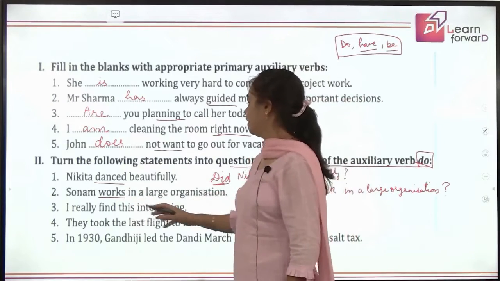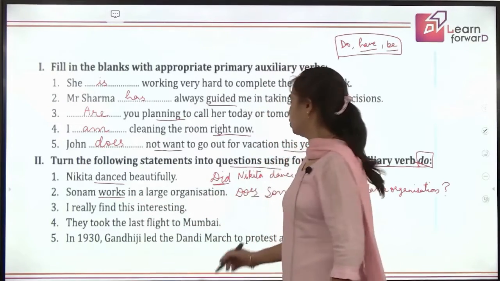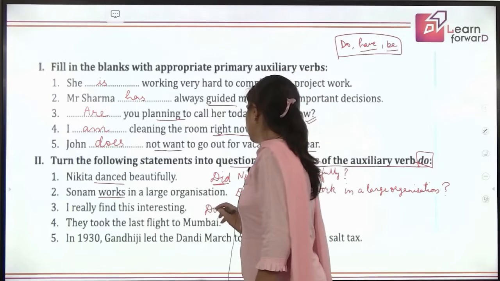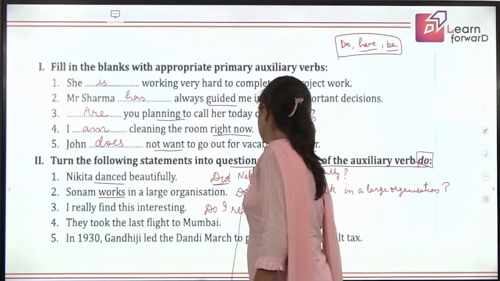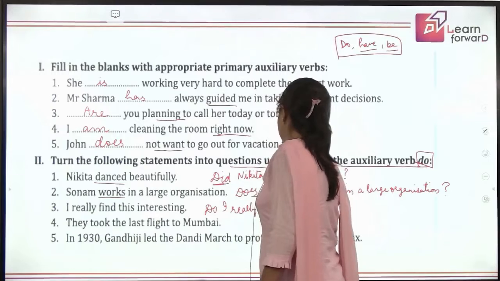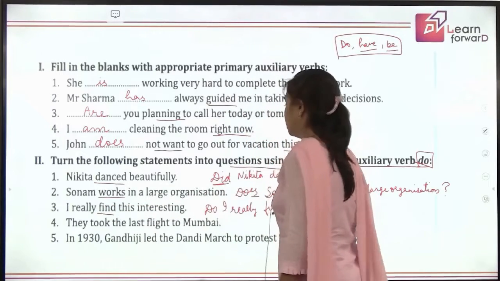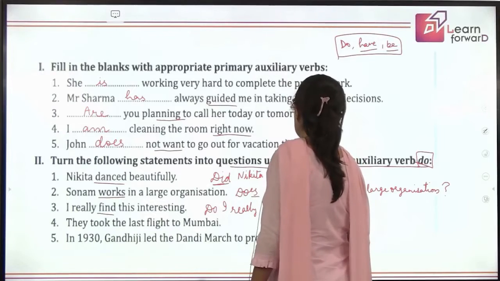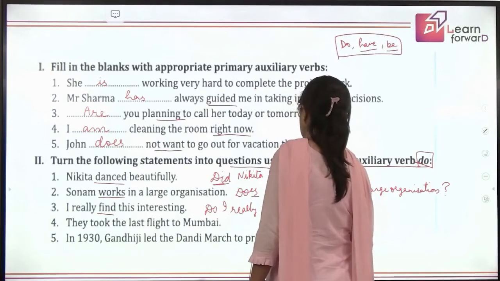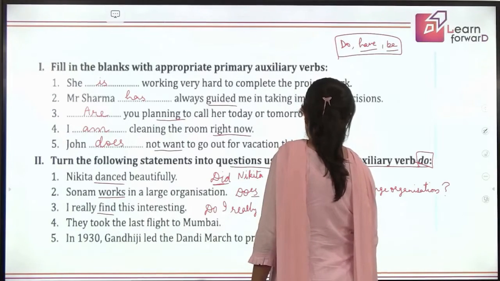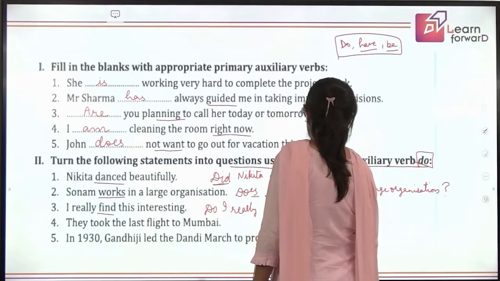I really find this interesting. Good. Do I really find this interesting, because the sentence was in simple present tense? I got the perfect answer from you. Question mark.